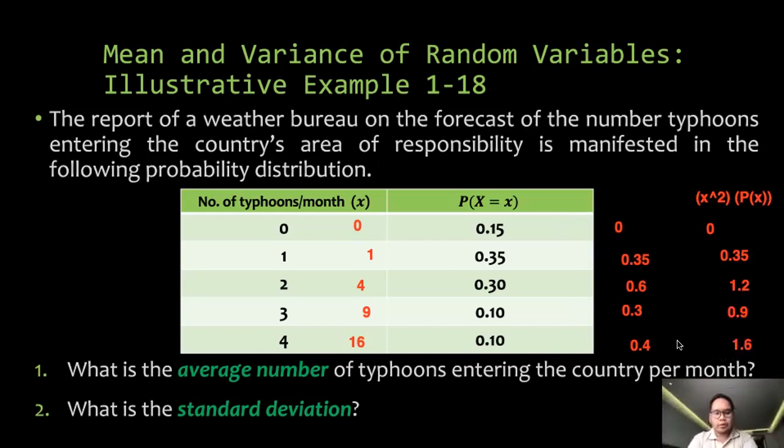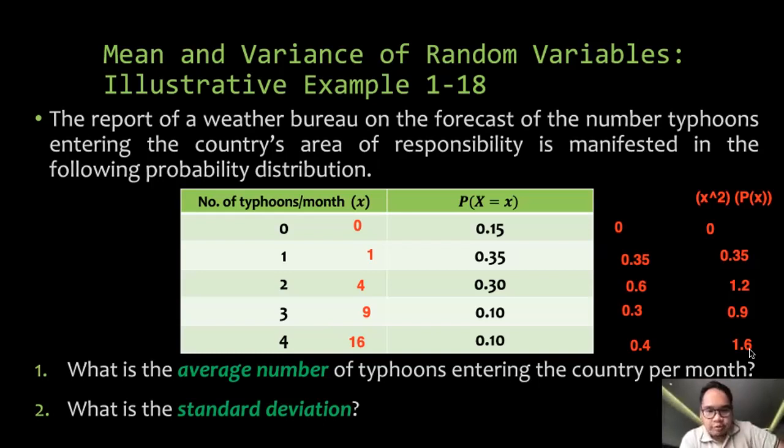And then ultimately, we're going to sum them up. What's the sum, by the way? 0.35 plus 1.2 is going to be 1.55. 1.55 plus 0.9 is going to be 2.45. 2.45 plus 1.6 is going to be 4.05.